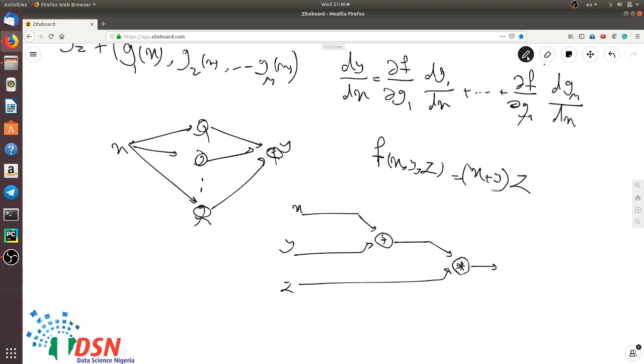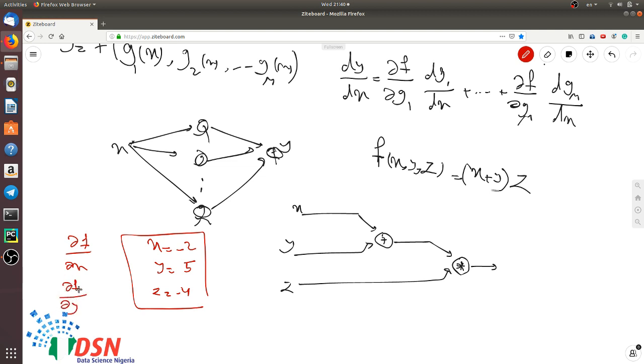Okay, so let's say we know that x is -2, y is 5, and z is -4, and we want to calculate the partial derivatives. In fact, this is an introduction to calculating the derivatives for the weights.